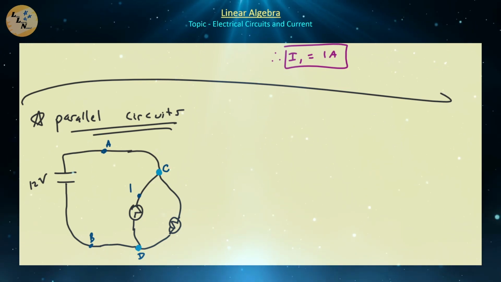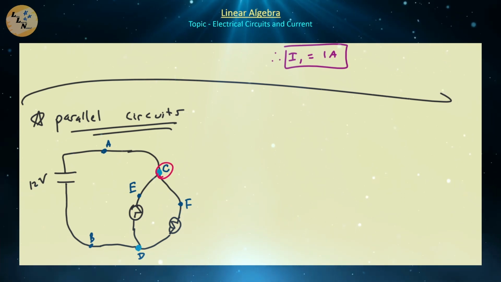For example, what about the current at point E and the current at point F? One can guess, well, if the current at point C branches off into the paths of E and F, and they have to be equal to each other at point D, then there has to be some sort of conservation of current in this particular picture, and that's exactly the case.